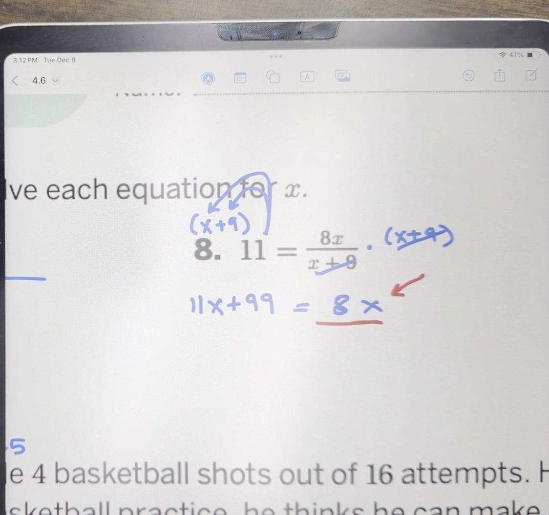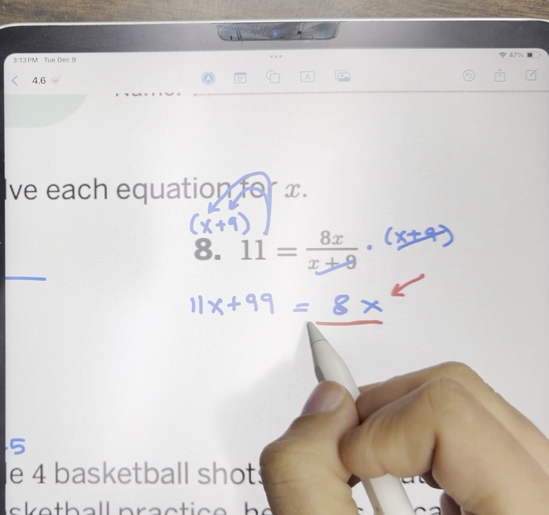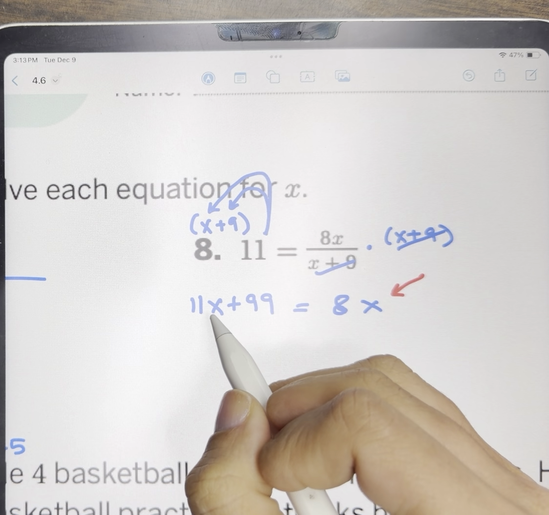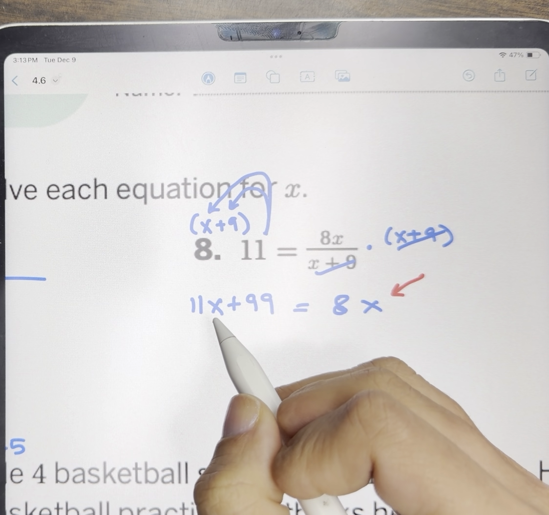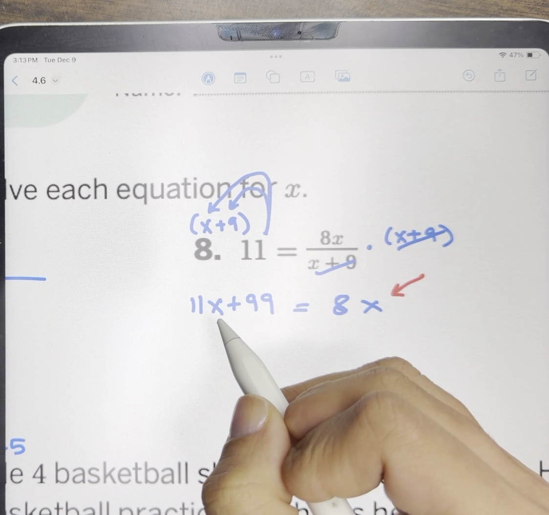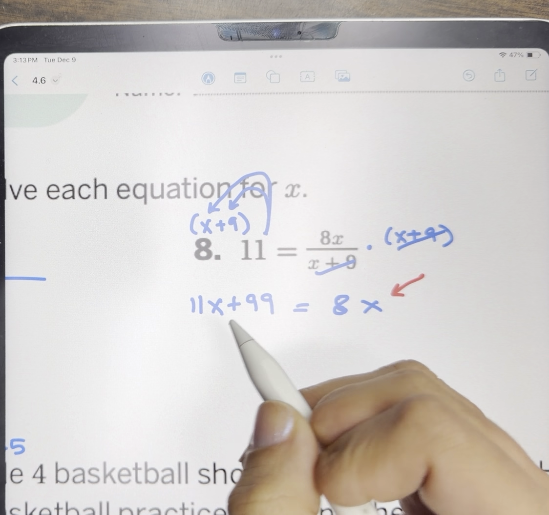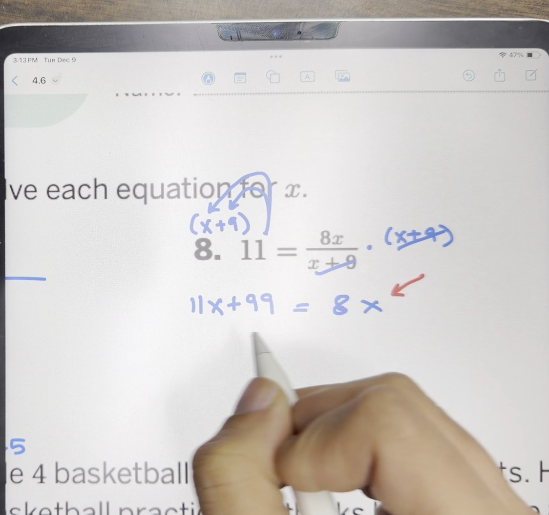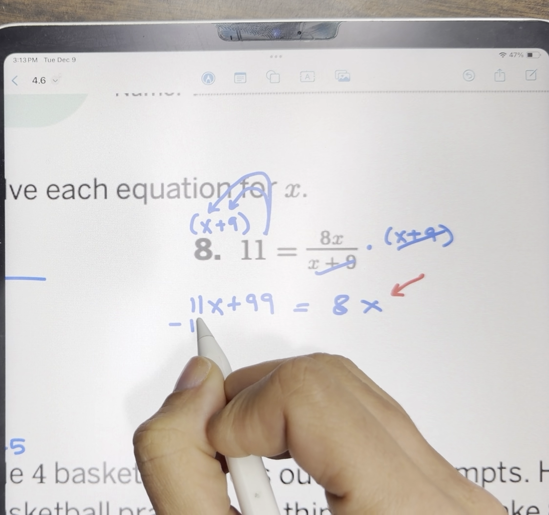So even though we usually like moving the smaller number over to the bigger number to avoid a negative number, I don't recommend it in this case. Again, not wrong. If you can do that and execute it and get the right answer, cool. But I recommend, since the 8x is all alone here, let's move the 11 instead.